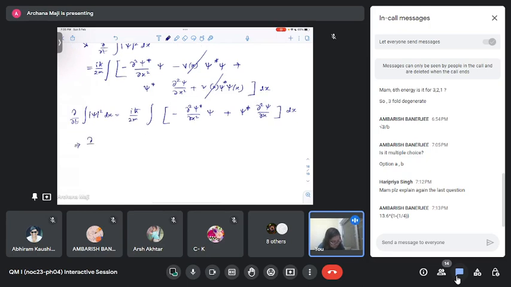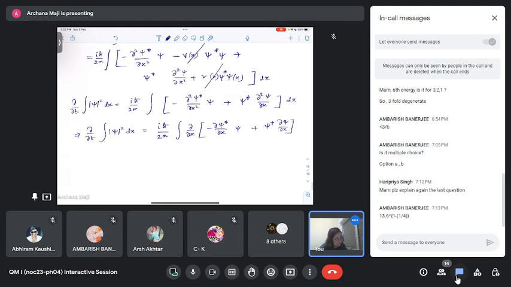and the right hand side can be further written as integration del x of psi star del psi del x minus del psi star del x psi, because the cross terms will get cancelled out.